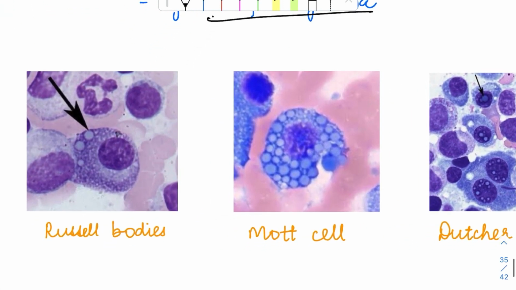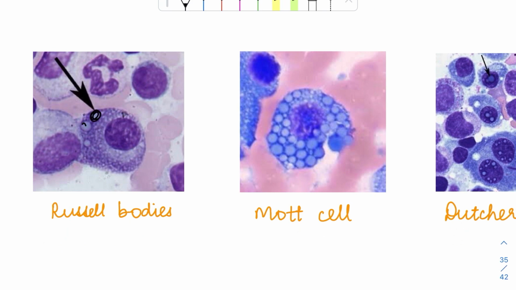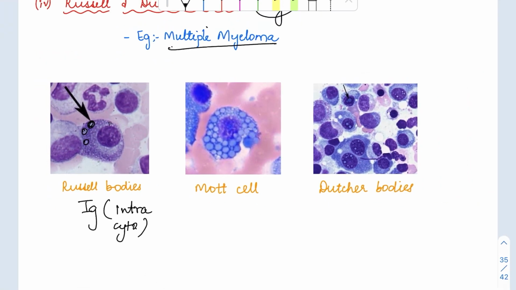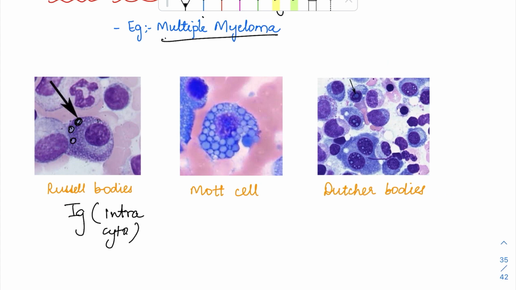Russell bodies are intracytoplasmic immunoglobulin accumulations. When there are lots of Russell bodies inside the cytoplasm, it appears like a bunch of grapes, the cell being composed fully of Russell bodies. This cell is called a Mott cell.